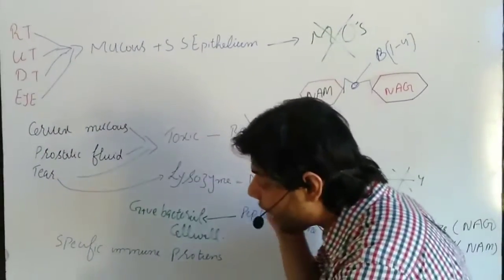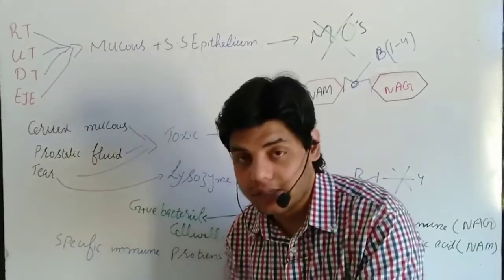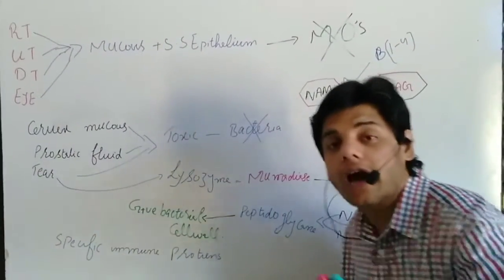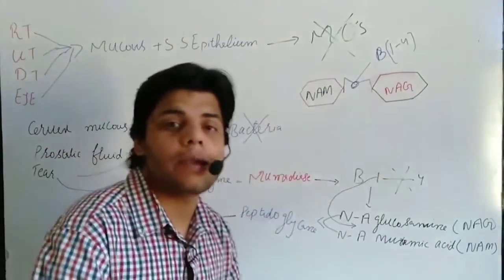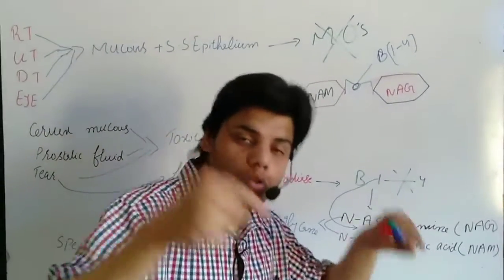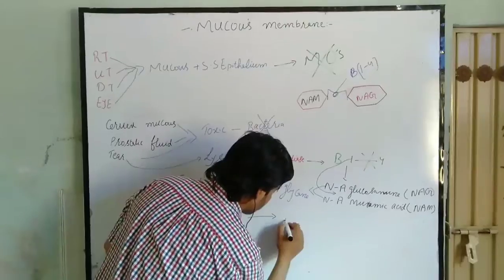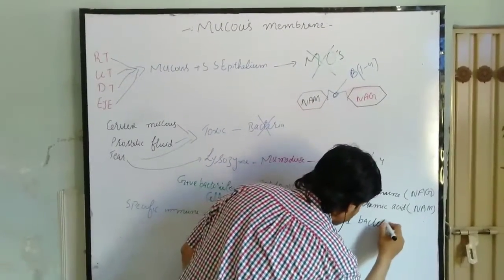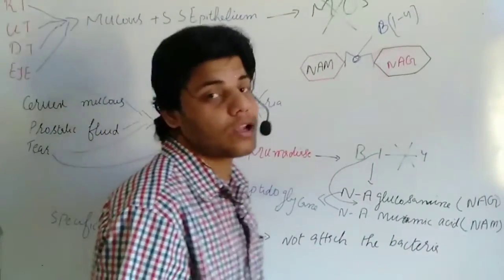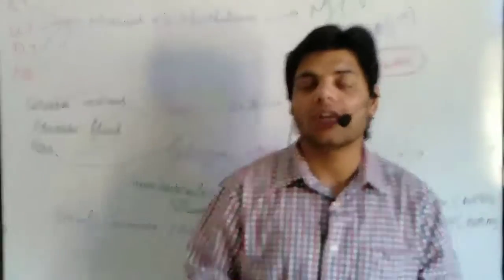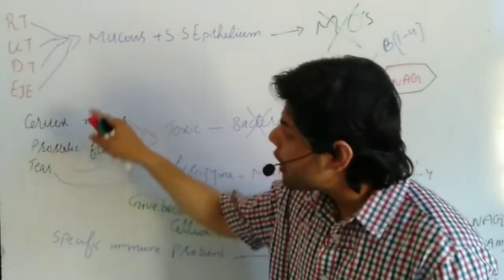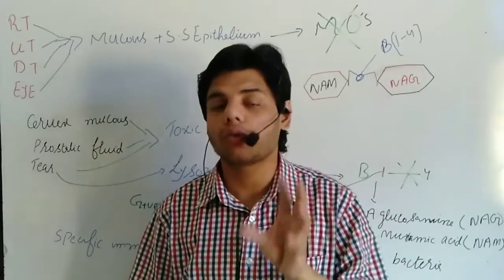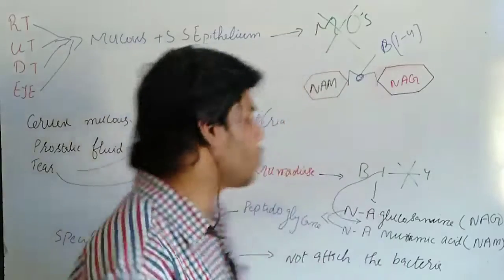These proteins are present in the secreted mucus, and each protein is responsible for preventing the bacteria from attaching to the sticky area of our body. Or they don't allow the bacteria to attach on the sticky area. Moreover, this mucus also contains an iron binding protein which we call lactoferrin.